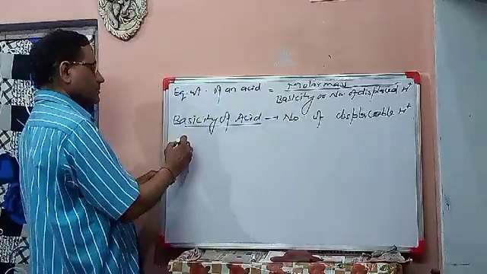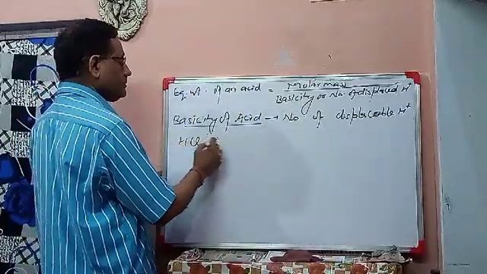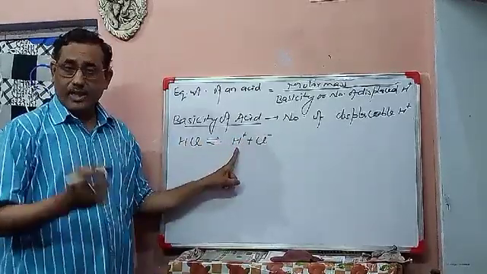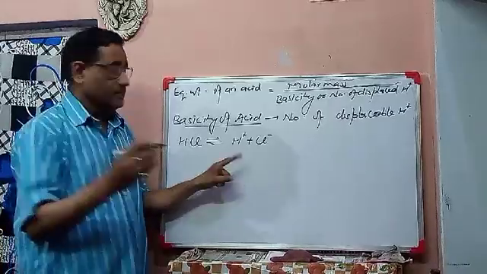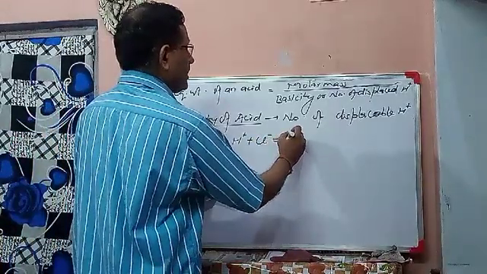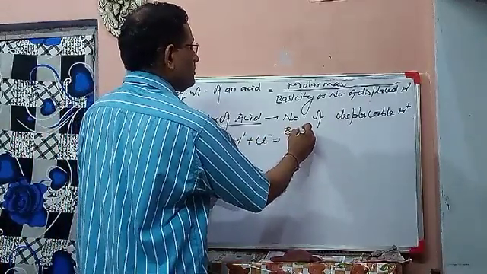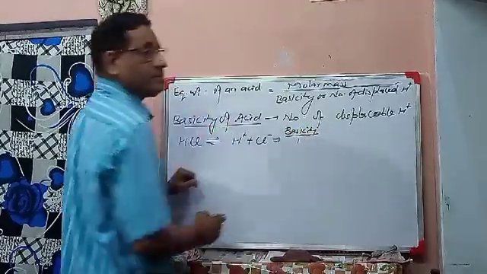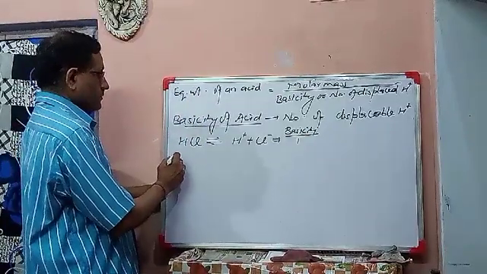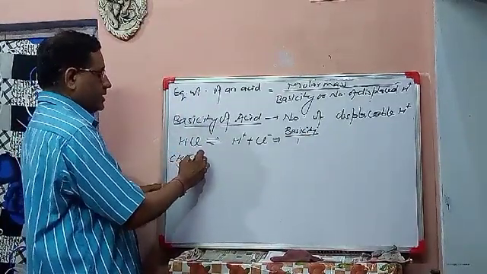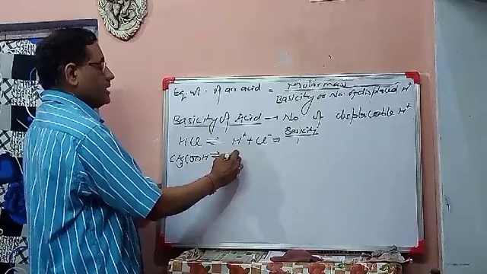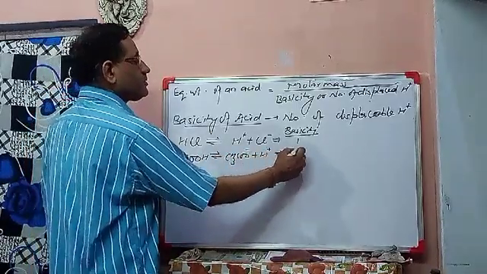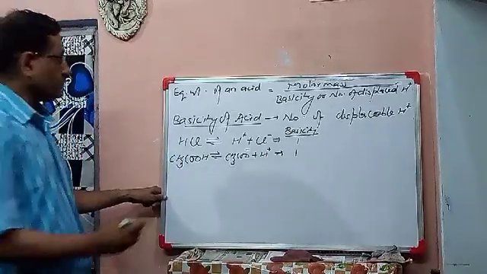For example, HCl gives only one hydrogen ion. It has only one displaceable hydrogen ion. So its basicity is one. For acetic acid, there is also one displaceable hydrogen ion. So basicity is 1.